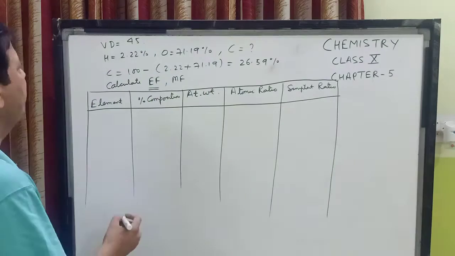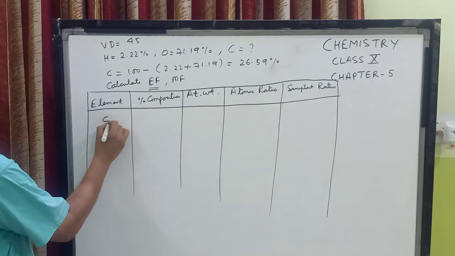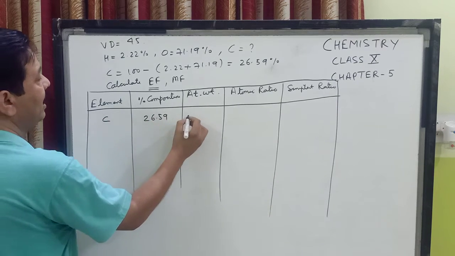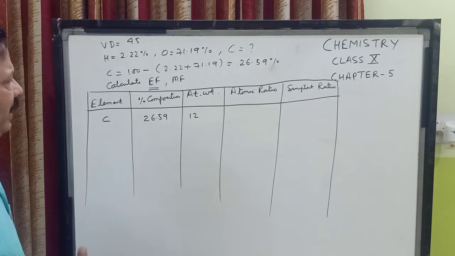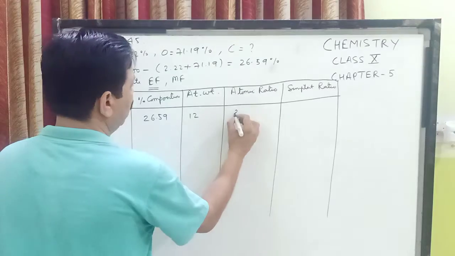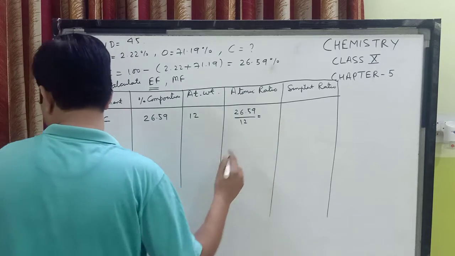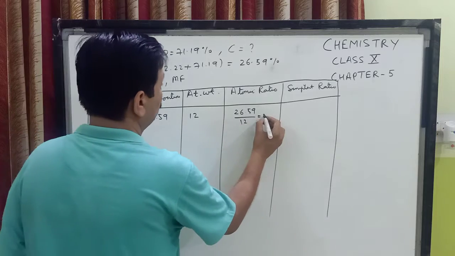First we are going to calculate for carbon. Carbon is 26.59, and the atomic weight of carbon, you all know, is 12, and it will be given also. Then the atomic ratio will be 26.59 divided by 12, and it comes out to be 2.22.